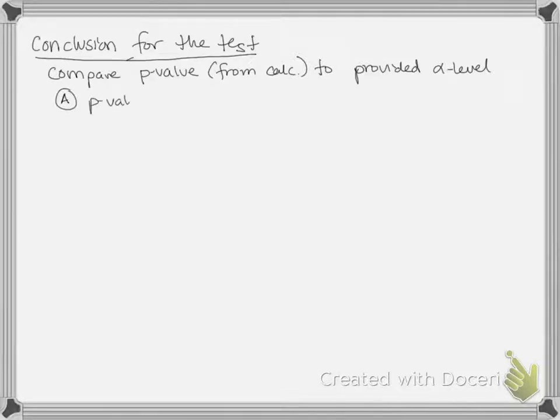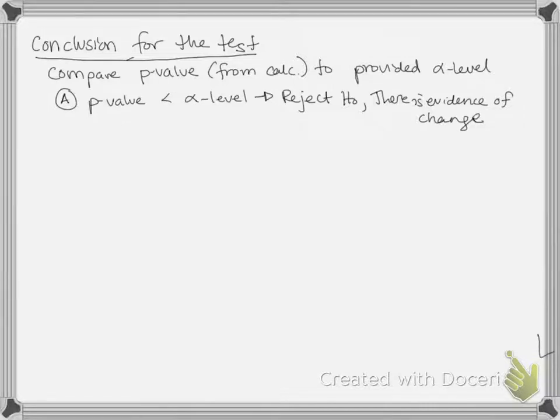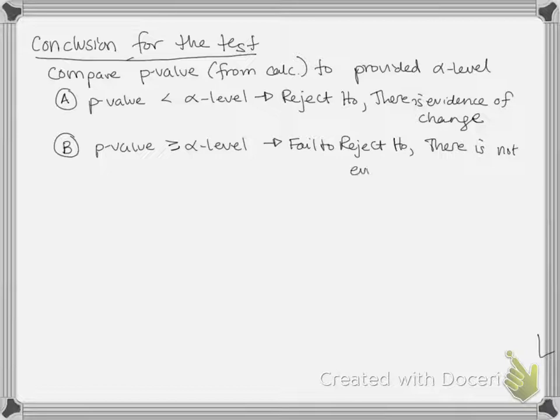If the p-value is less than the alpha level, then we reject the null, and there is evidence of some change. I'm not going to say what direction because it depends on the alternative hypothesis. And then if the p-value is greater than or equal to the alpha level, we fail to reject the null, which means there is not evidence of change.